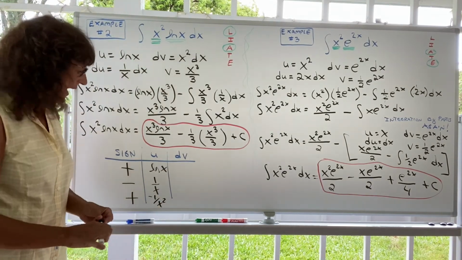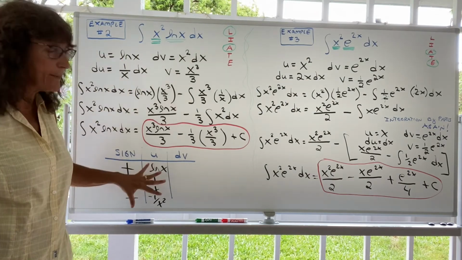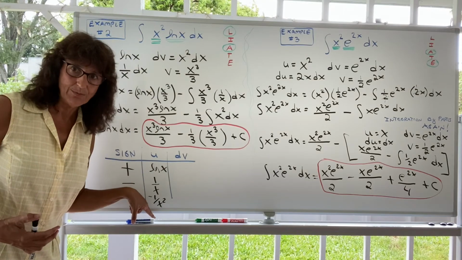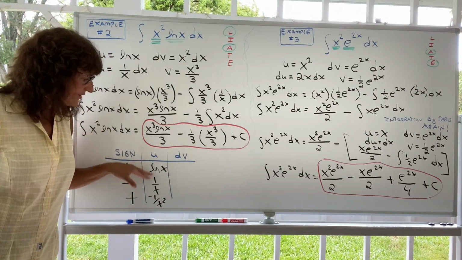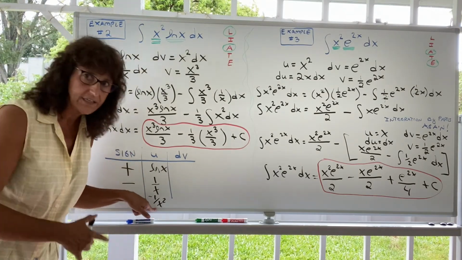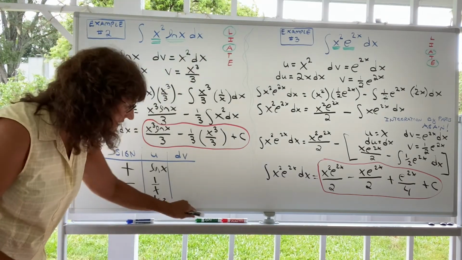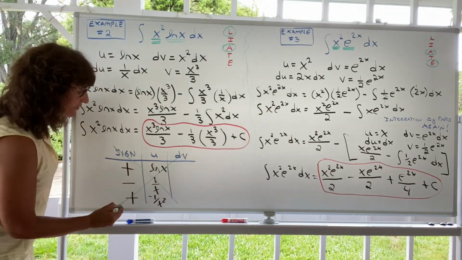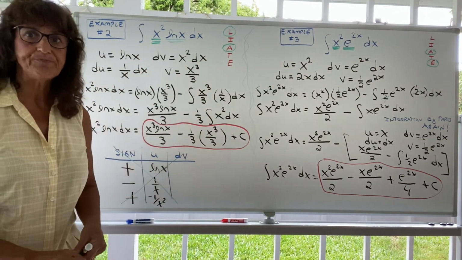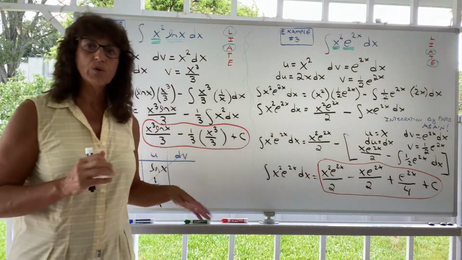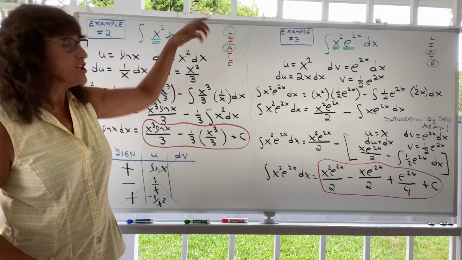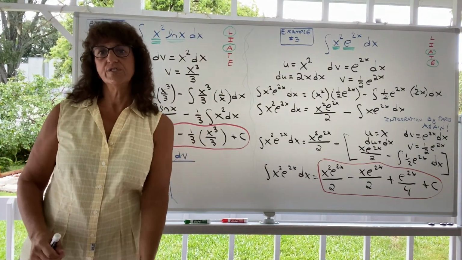Now what's happening here is when you use the tabular method, I like to have the derivative converge onto 0. And as you find the derivatives of your u's, this is never going to get to 0. So you might have other shortcuts out there, but for me, the tabular method's not going to work for example 2. Tabular method works beautifully when u is the algebraic whose derivative converges to 0.